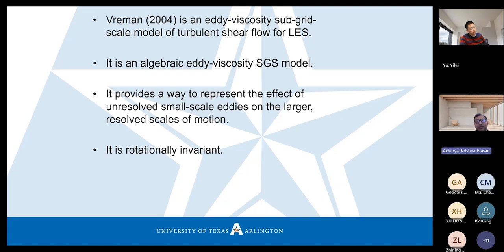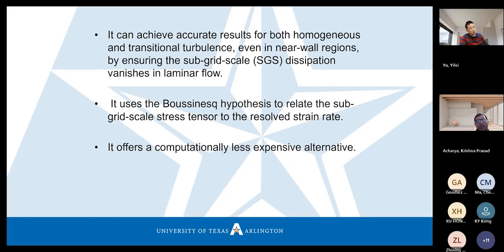It is rotationally invariant. The Vreman model can achieve accurate results for both homogeneous and transitional turbulence, even in near-wall regions, by ensuring the subgrid scale dissipation vanishes in laminar flow.